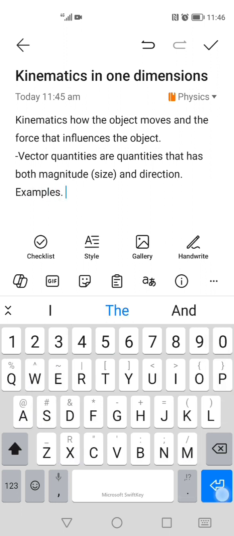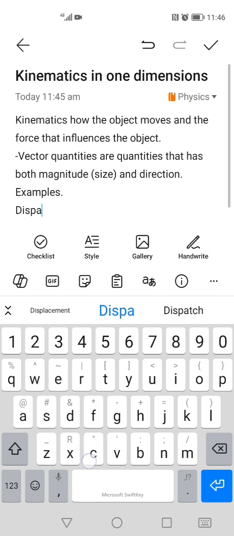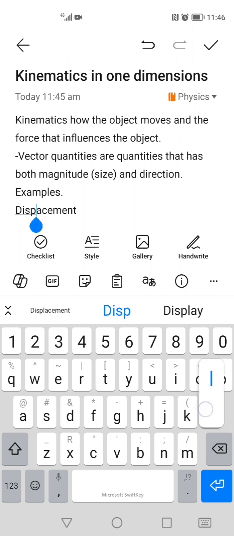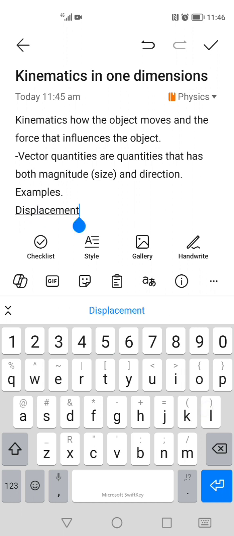The first example can be displacement, because displacement consists of the magnitude, which is your size, and the direction, whereby we focus on where the object is from the reference point. For instance, let me make a scenario so that you can understand what displacement is.